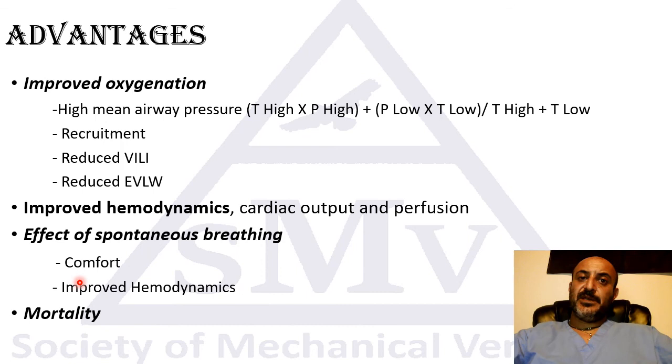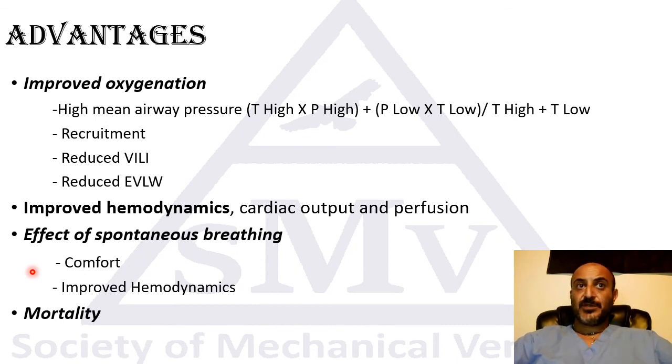Despite being an inverse ratio, and we all know that in regular conventional ventilation, if you put the patient in inverse ratio ventilation, it's very uncomfortable, and sometimes we have to heavily sedate those patients. But here, because the patient can breathe at any time during the respiratory cycle, the patient is comfortable, and most of the studies show that you use less sedation.